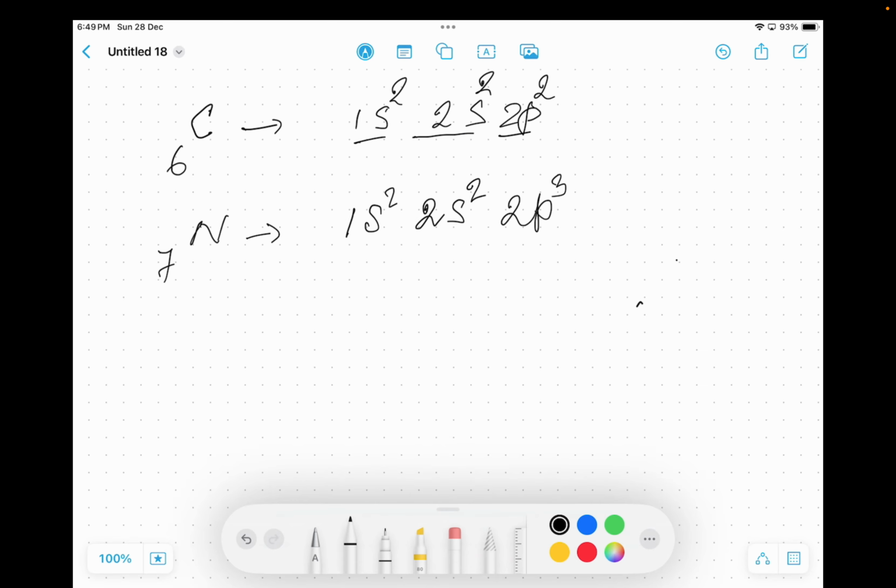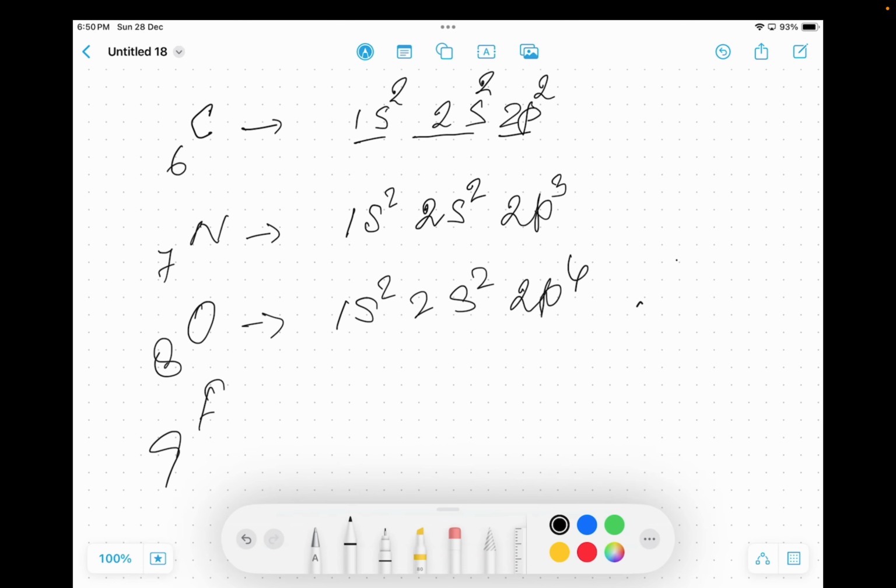Let's take some more examples. Oxygen 8. Again 8 electrons are to be distributed into subcells. 1s2, 2s2. Now the remaining electrons are 4. So 2p4. Next, fluorine 9 electrons.